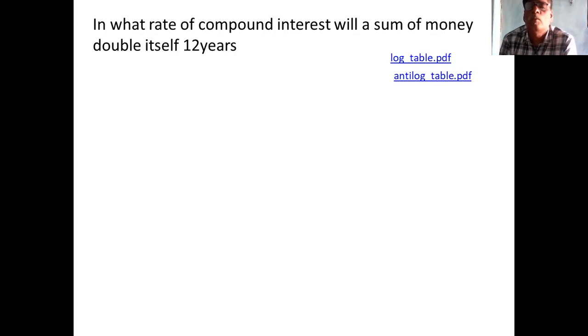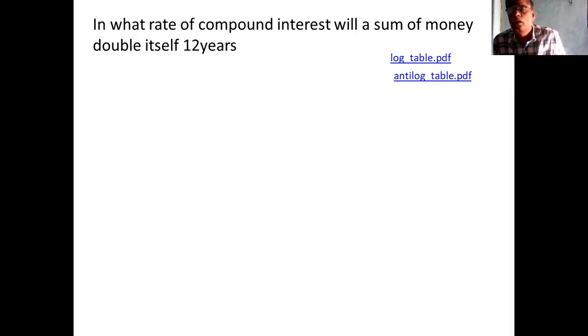Double amount, triple amount, like that. Principal is not given, amount is not given, rate is not given, only the n value is given. N value is 12 years. Then how to solve this problem?